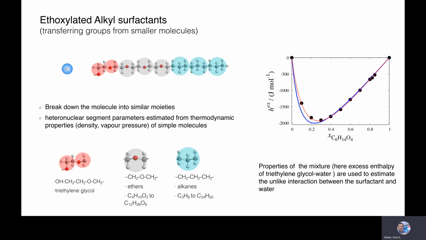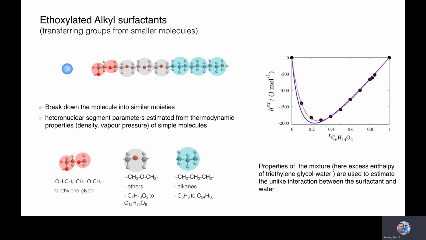So we decided to take this molecule and split it up into pieces. For the alkane part, we fitted these beads to the properties of alkanes of different lengths. The central ether groups we fitted to the different ethers available in the experimental data.